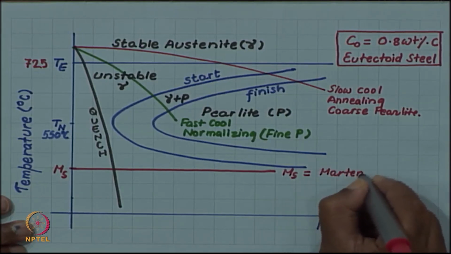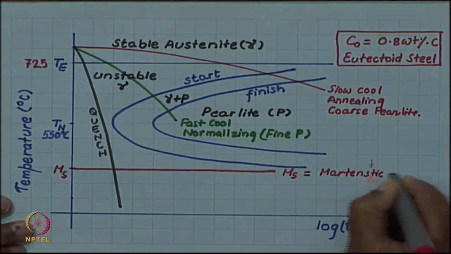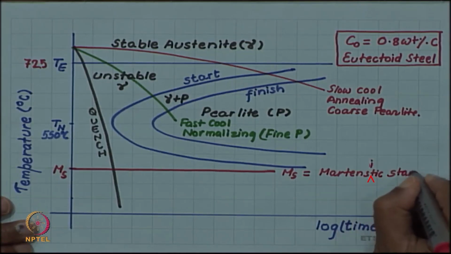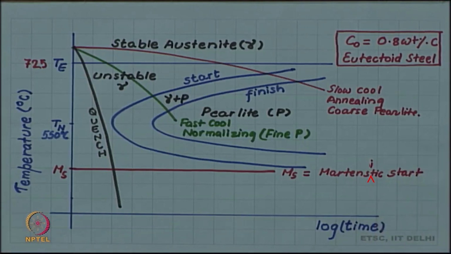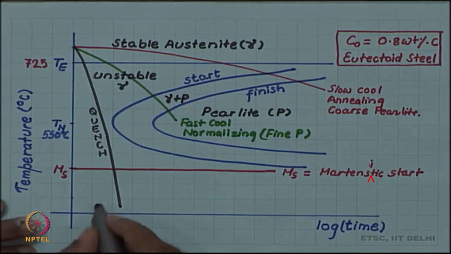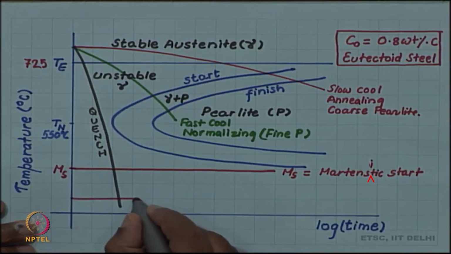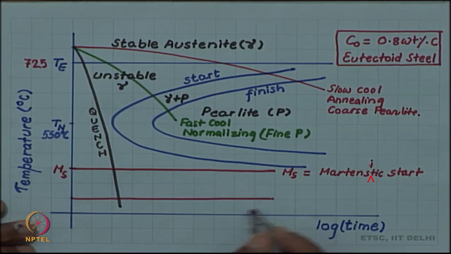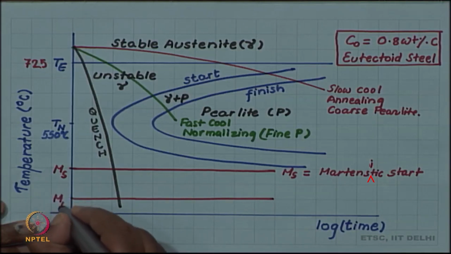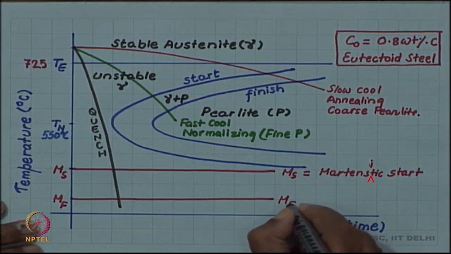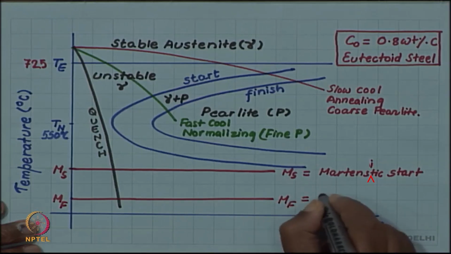This is a temperature at which martensitic transformation begins, and then there is another temperature below that, and I draw another horizontal line there, which is Mf, which is finish of the martensitic transformation.